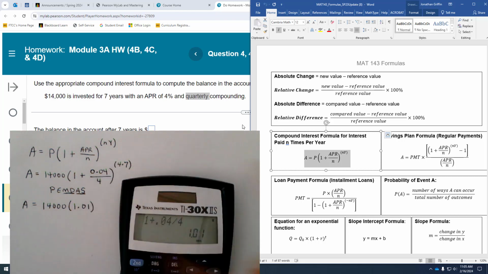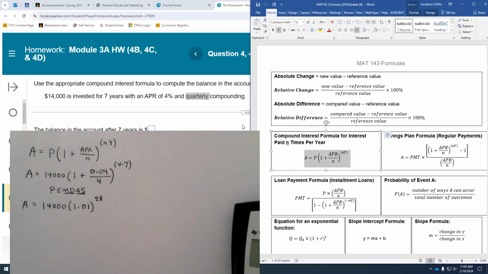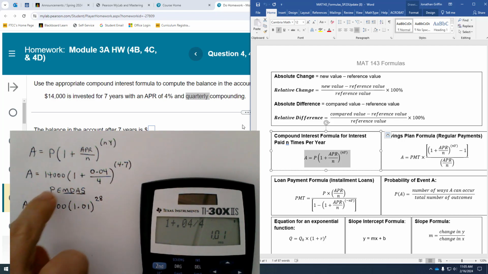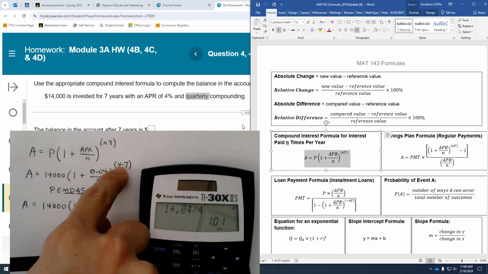Also, the 4 times 7, we know 4 times 7 is 28, so you can write 4 times 7 again here, or you can just go ahead and say 4 times 7 is 28. And so now, if you follow your order of operations, you might think, well, why did I multiply? Well, the multiplication here is all in the exponent of this equation.